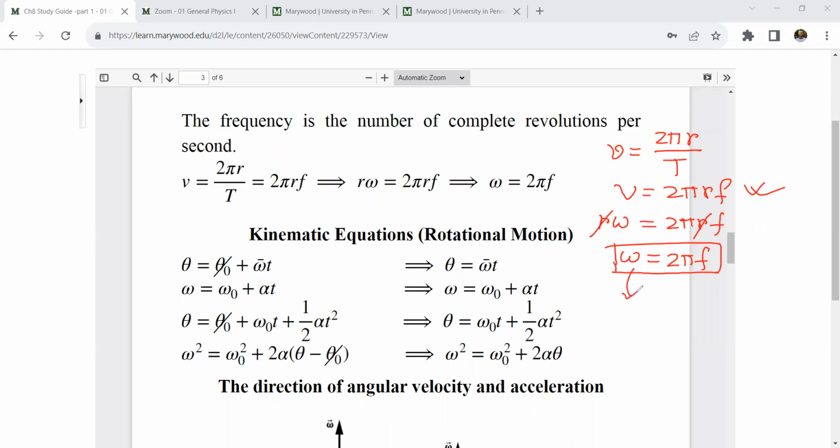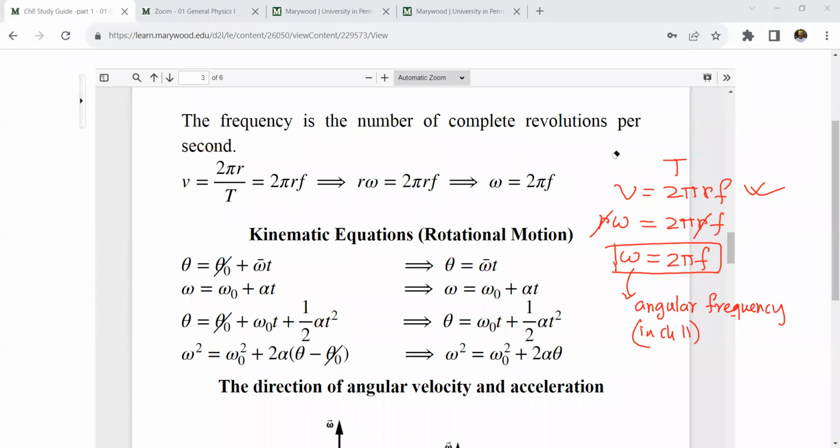Sometimes this angular velocity is also called angular frequency, especially in chapter 11. Normally in this chapter we call it angular velocity, but in chapter 11 the same quantity we call angular frequency, because of this relation.